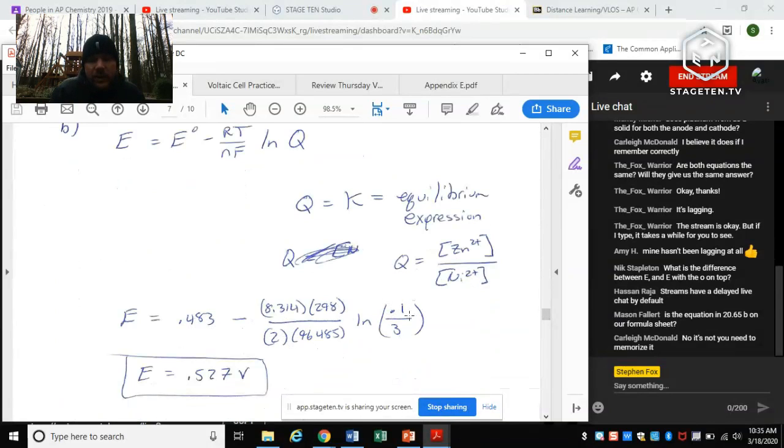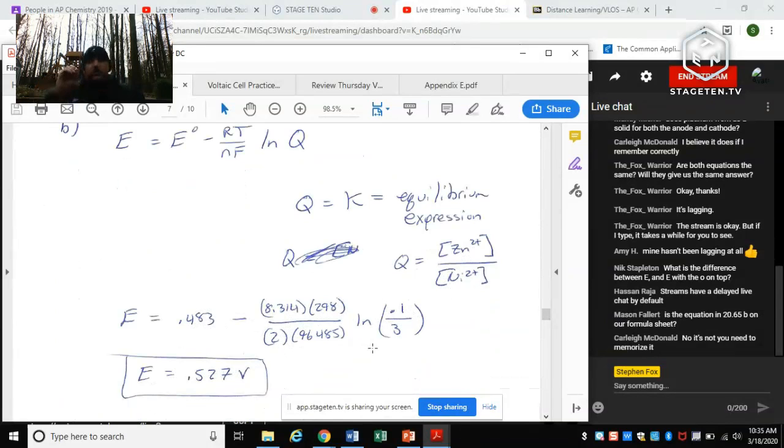The only thing we did change was we adjusted those concentrations. So again, that's what Q is equal to here. It's the zinc concentration over the nickel concentration, 0.1 over 3. So you take the natural log of that ratio, you multiply it by this, and then whatever that comes out to be, you subtract it from the 0.483, and you get your new voltage at the new conditions.